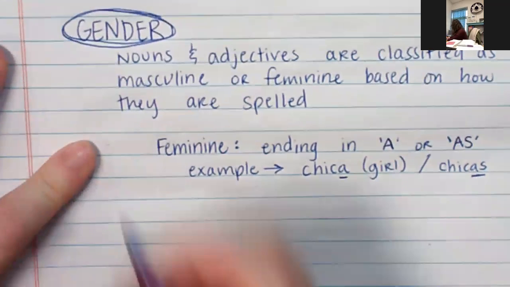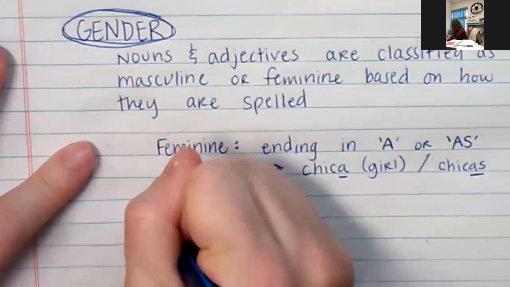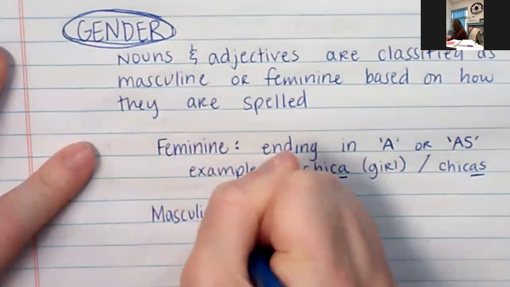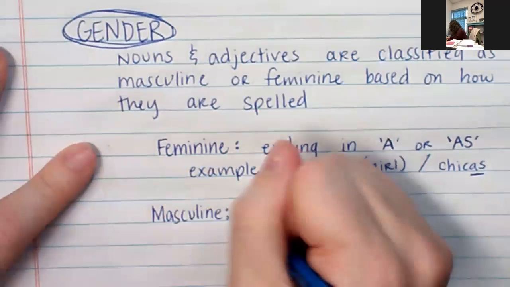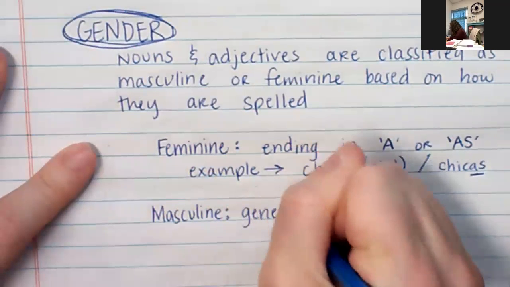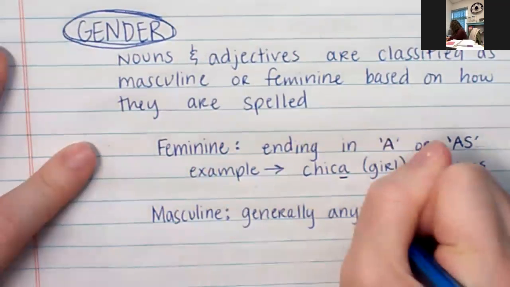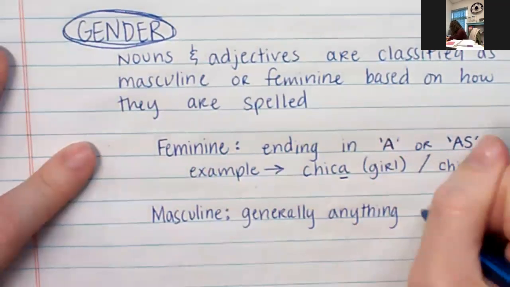Now, generally, masculine is going to just be everything else. Generally, anything not ending in A or AS.